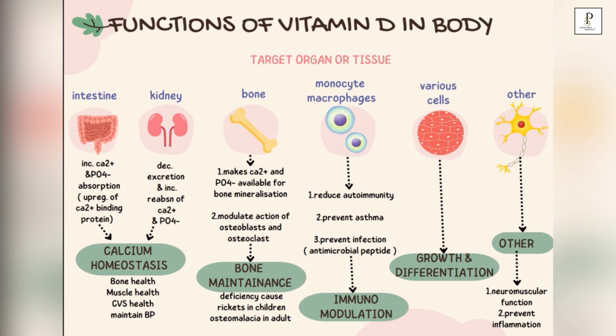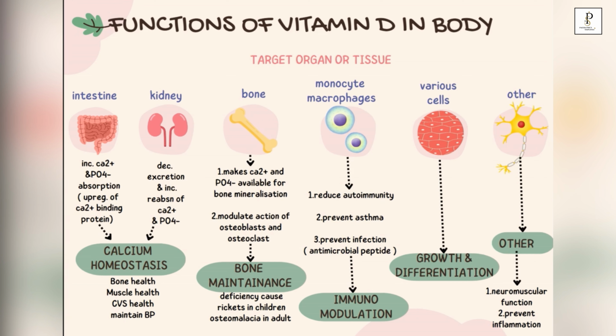One is osteoblast, one is osteoclast. Osteoblasts are responsible for formation of the bone and osteoclasts are responsible for remodeling of bone. Vitamin D acts on both osteoblasts and osteoclasts and modulates their action. That is how it maintains the structure and metabolism of bone.